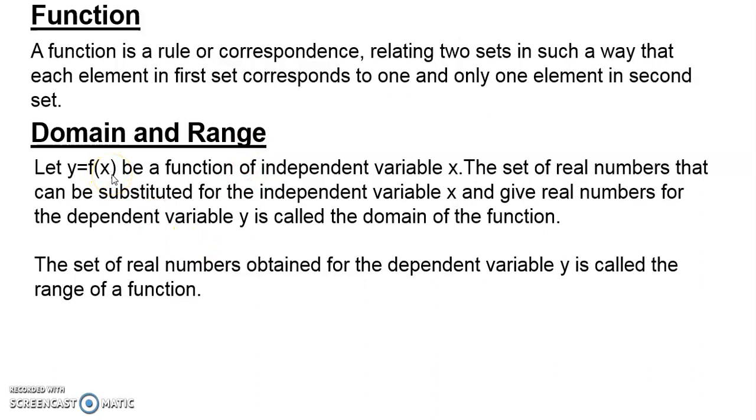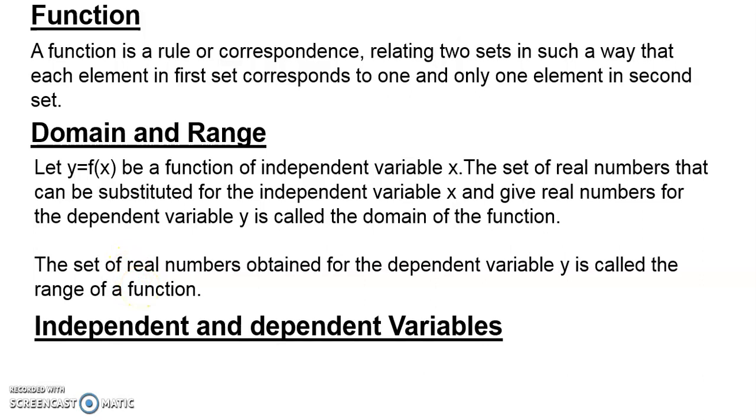You can say that domain is the input of a function and range is the output of your function. So here is the definition of range. The set of real numbers obtained for the dependent variable y is called the range of a function. In this function, y is your range and x is your domain.